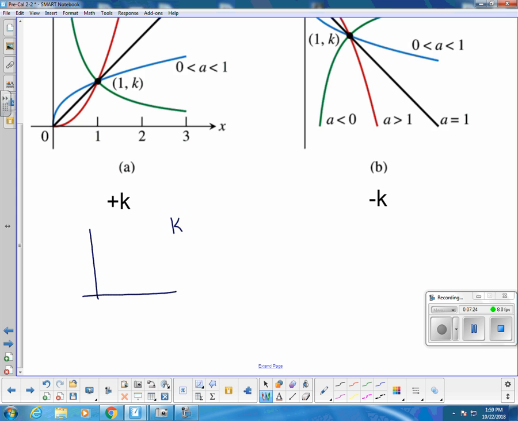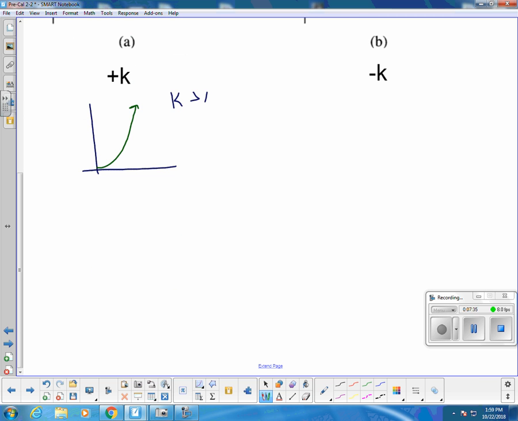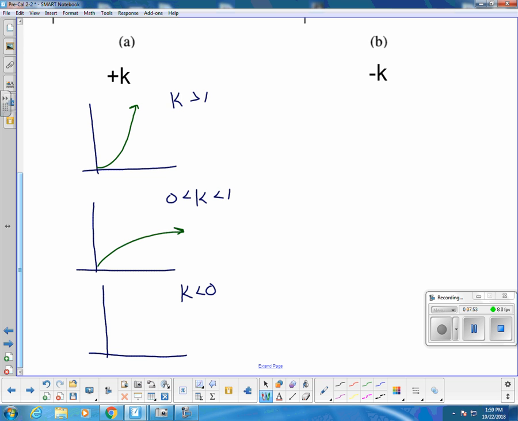If k, I don't care about the 1. If k is greater than 1, you have this curve. Okay. If k is between 1 and 0, you have this curve. If k is less than 0, you have a branch.